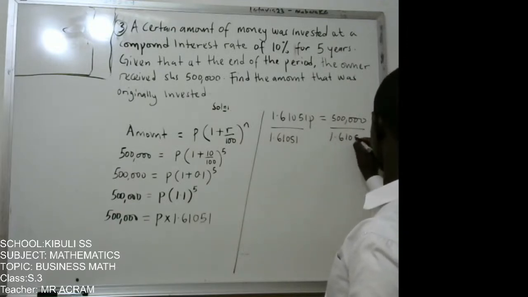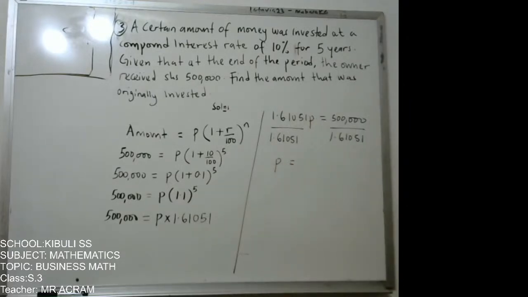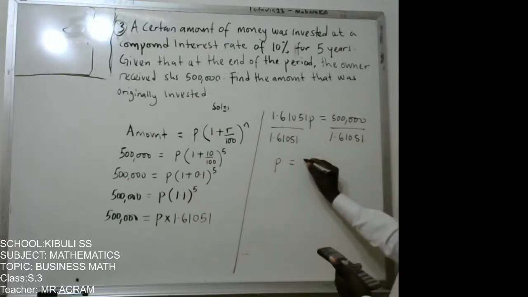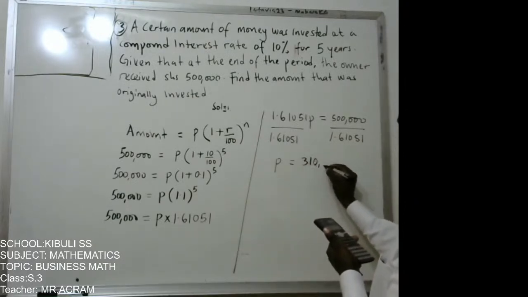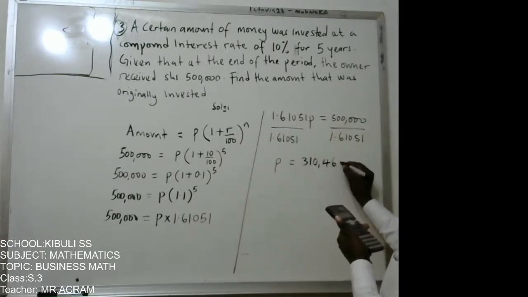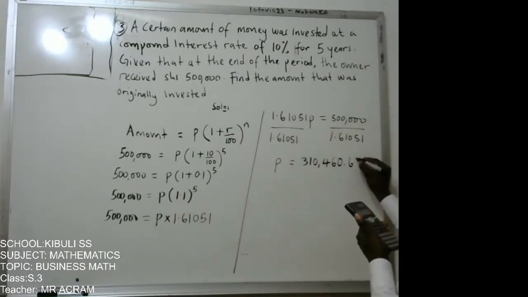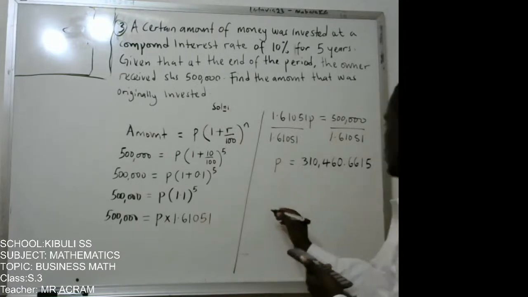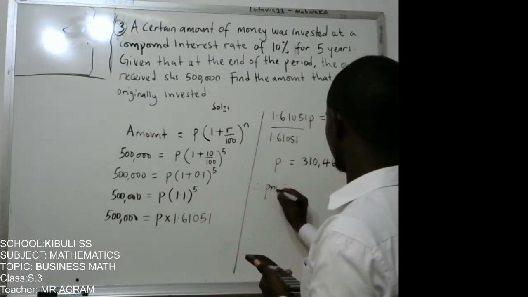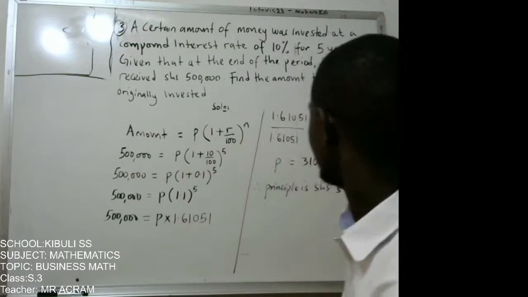And so our P will be 500,000 divided by 1.61051, which is 310,460.6615. Therefore, that is the principal.